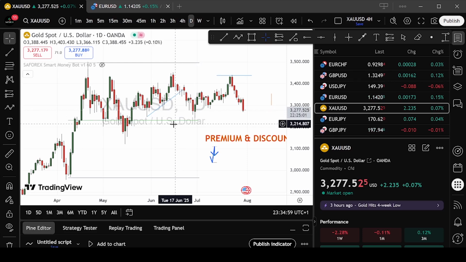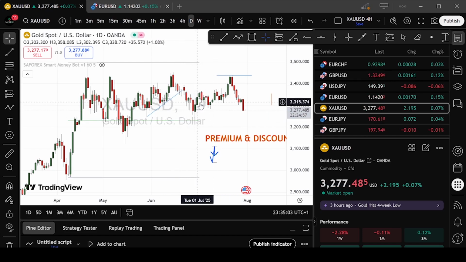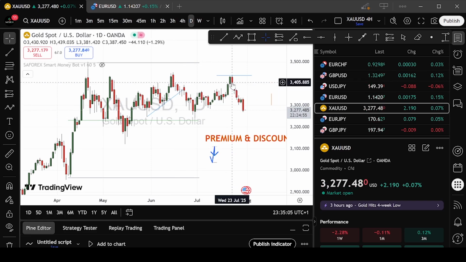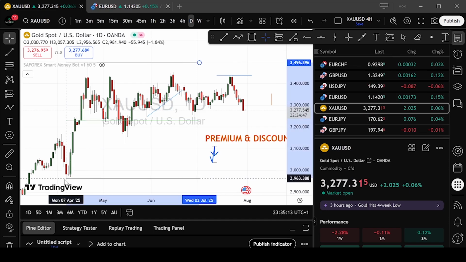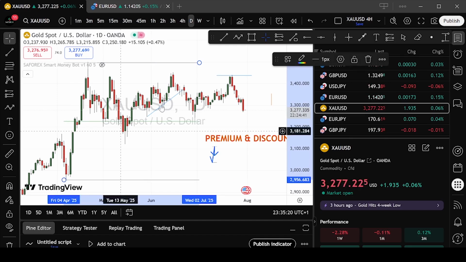So that already tells my bias that for gold, what I'll be looking for is sell opportunity, because the swing that produced the highest high of the chart shows that price has not retraced down to discount.